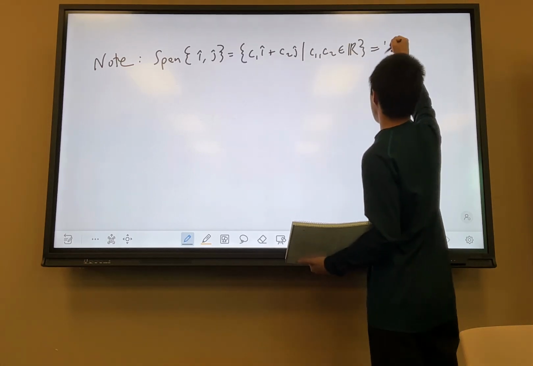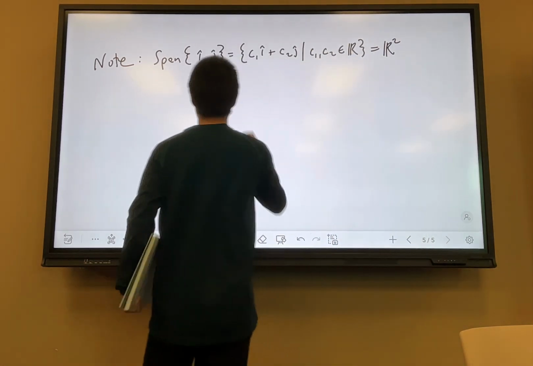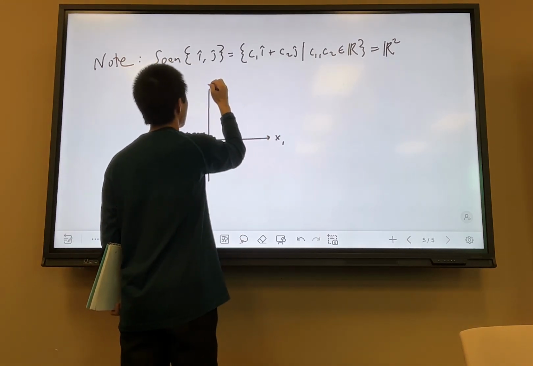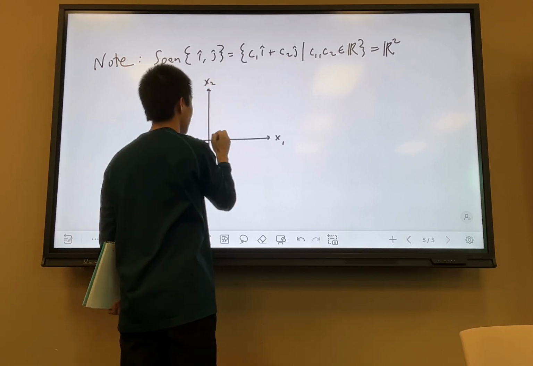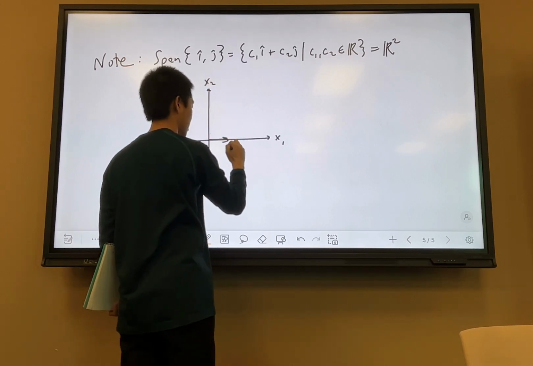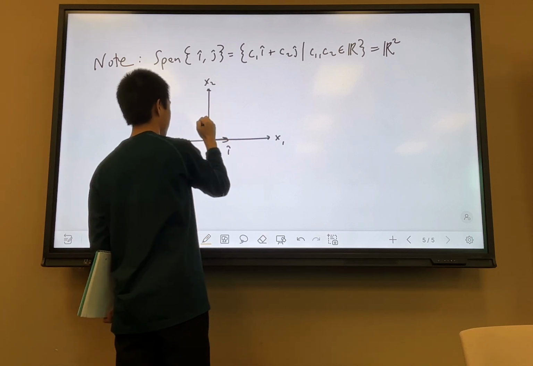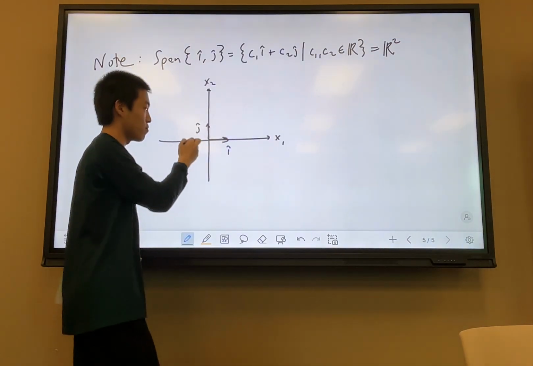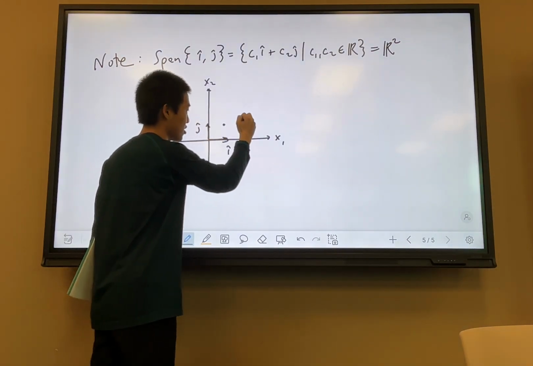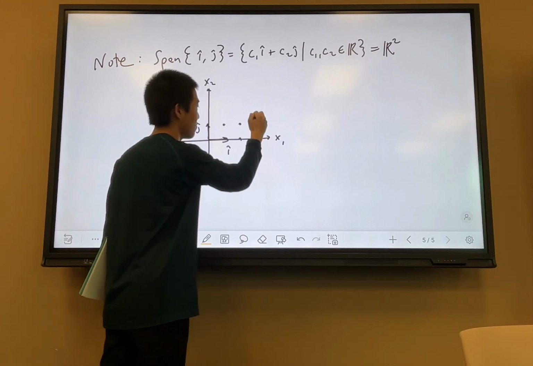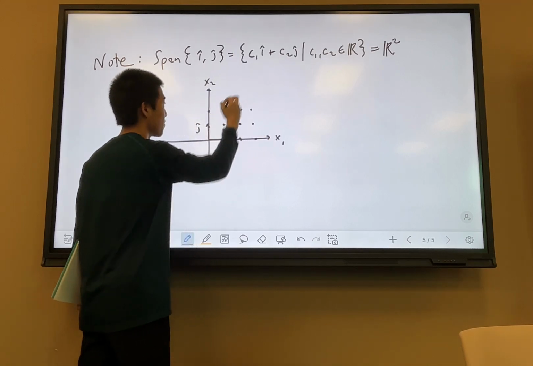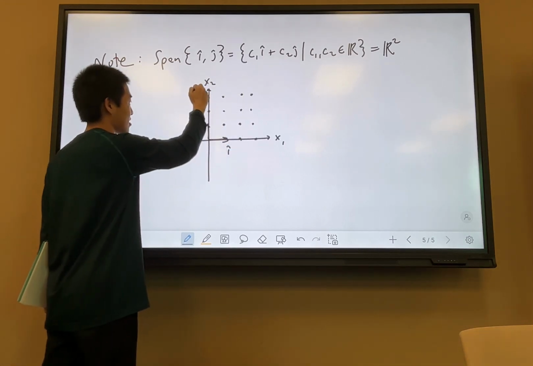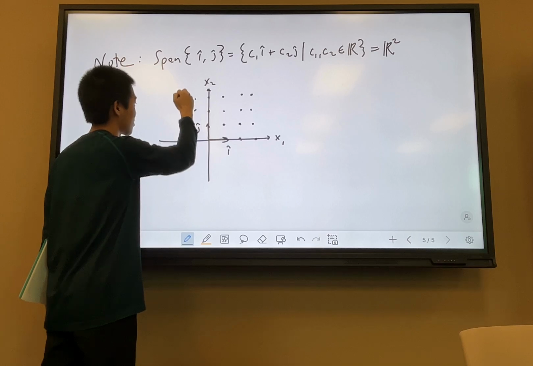And basically, we know what that is. That's just the plane. That's R2. Like, if I take, here's x1, x2. If I take i hat, and I take j hat, and I take all of the possible combinations of moving one over and up one, over one, up one, then yeah, I can access every single point in the plane, obviously, just by nature of adding and subtracting necessary combinations of these fundamental unit vectors.